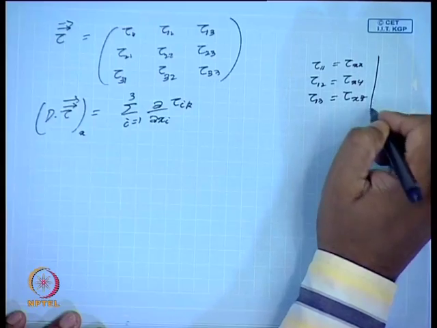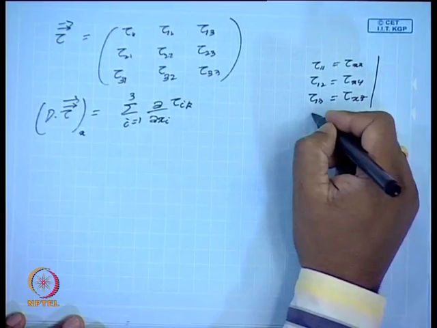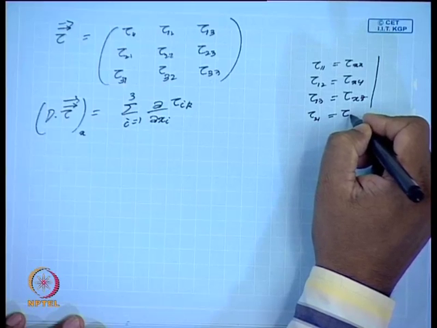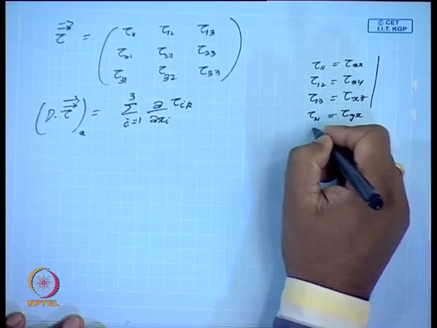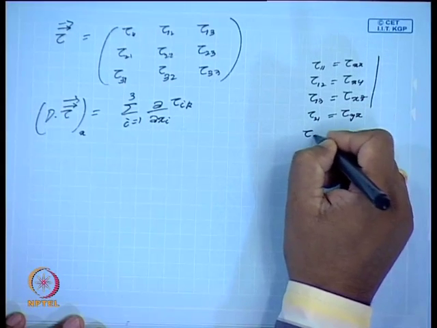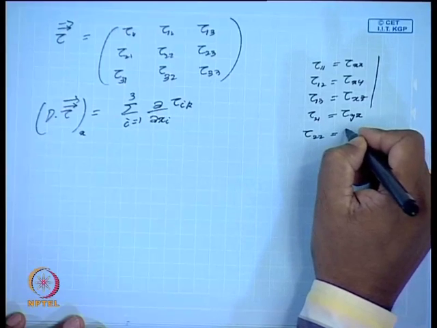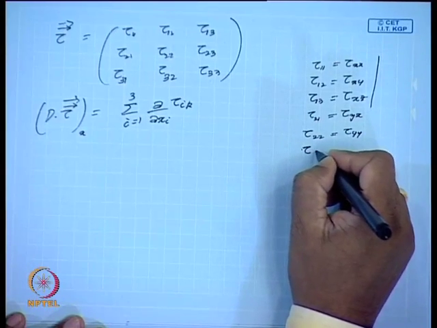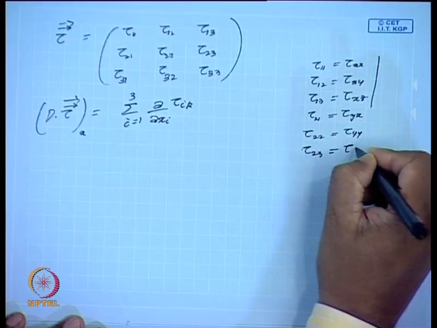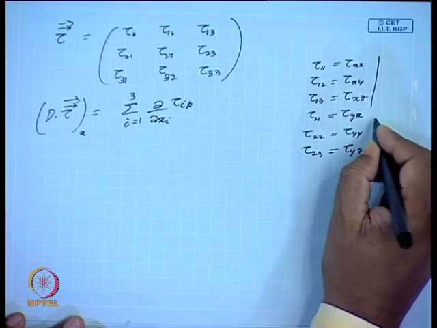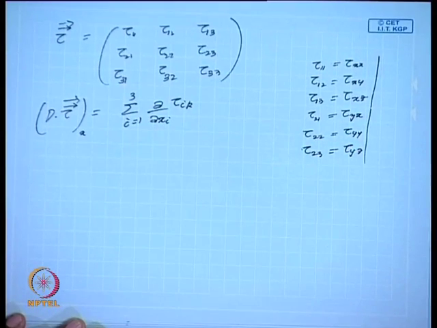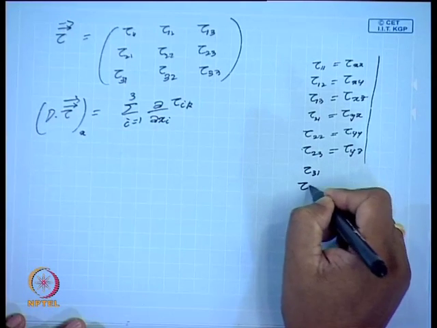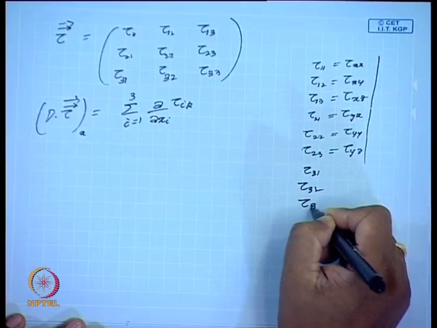Similarly, we can have tau 2 1, tau y x, tau 2 2 is tau y y, tau 2 3 is tau y z, and similarly we can proceed ahead with tau 3 1, tau 3 2 and tau 3 3.